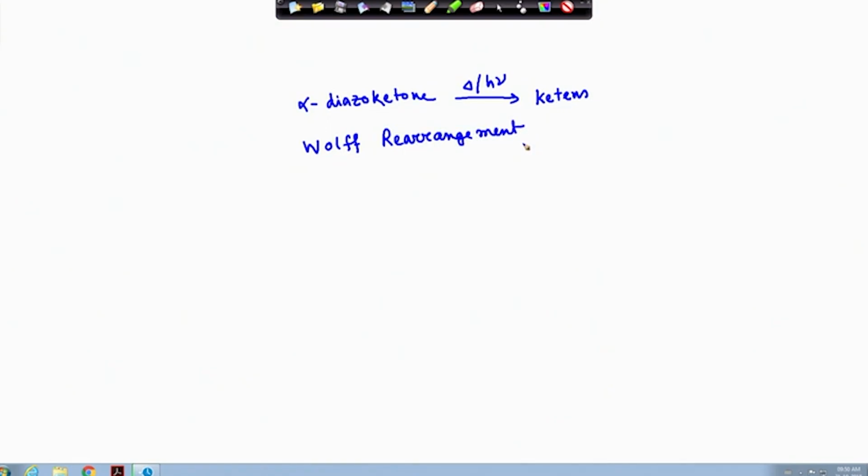So, what we said is that if we take the substrate as an alpha diazoketone, under thermal or photolytic conditions, it will generate the carbene. We know these things from the generation of carbenes that we have learned. Now, this is the alpha ketocarbene.